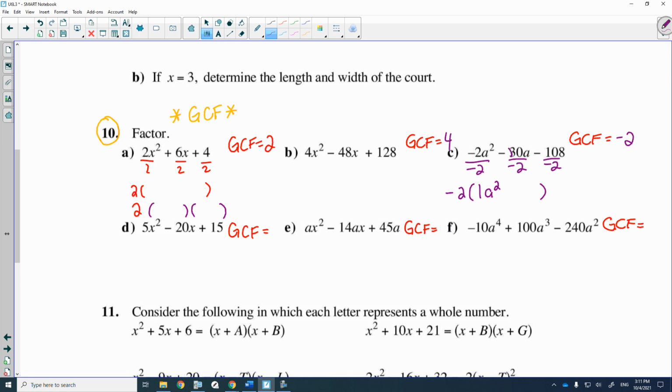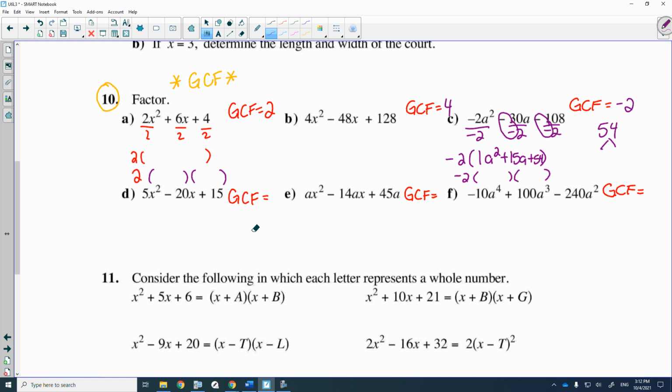And then here, 2 negatives make a positive. 30 divided by 2 is 15a. 2 negatives make a positive. 108 divided by 2 is 54. -2. Now find the two numbers that multiply to 54 and that sum to 15.